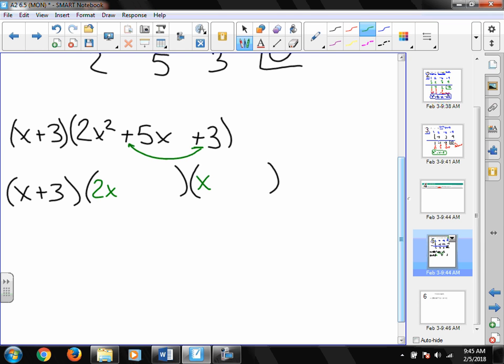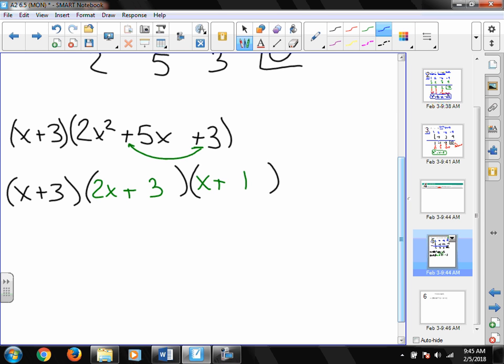We look ahead to get both positive. And what am I going to multiply together to get 3? 1 and 3. The question is, do I want my 1 to go with this 2x here, or do I want my 1 to go with the x?